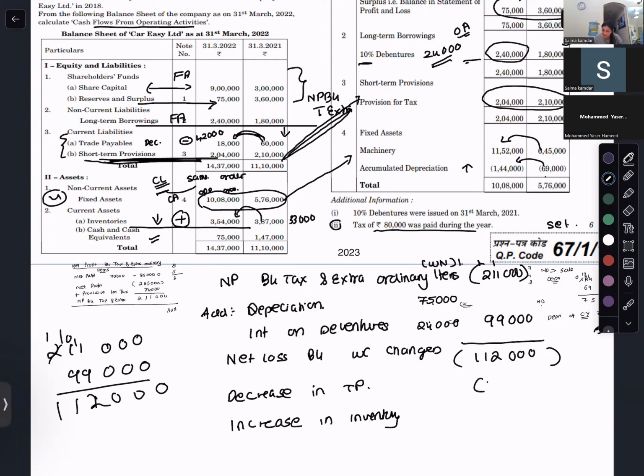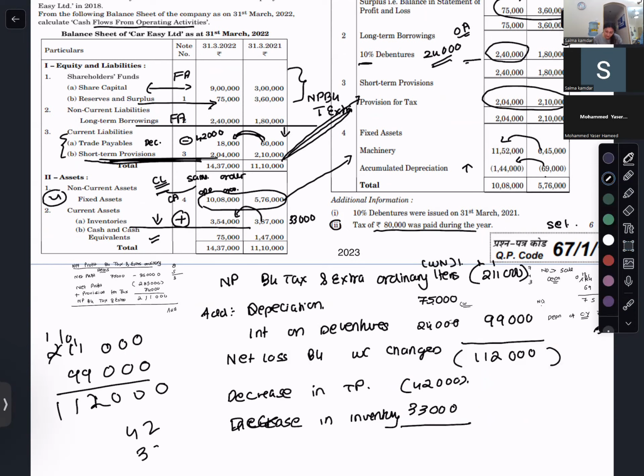So decrease in trade payables you will minus. Decrease in inventory, right? Decrease in inventory, you will add. How much is it? 33,000. Now since this is negative, we have to do the calculation directly.